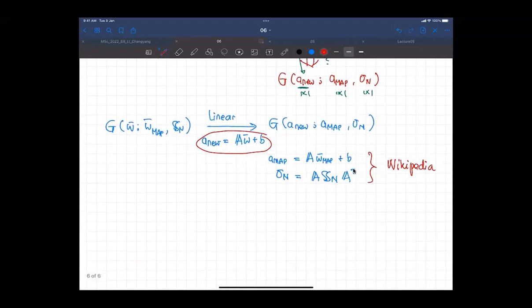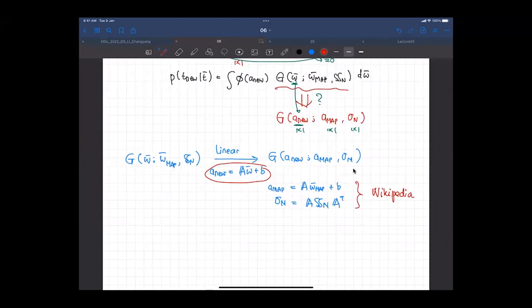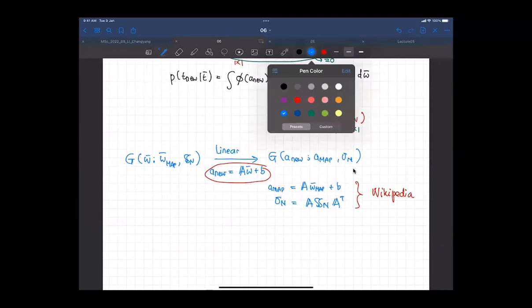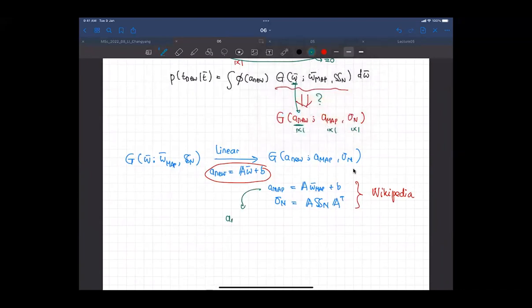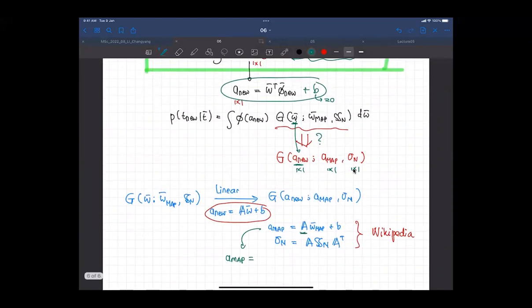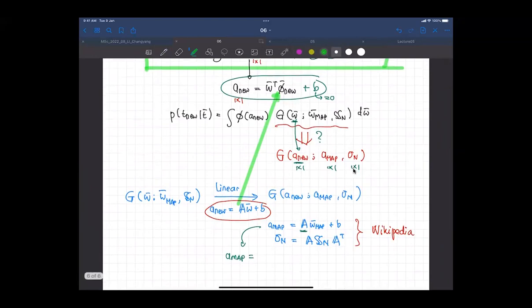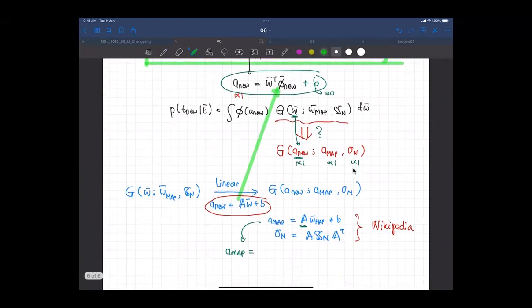Now, for our case, the question is, what is A, right? In our case, A is this one here. So the matrix A equals what for our actual problem?